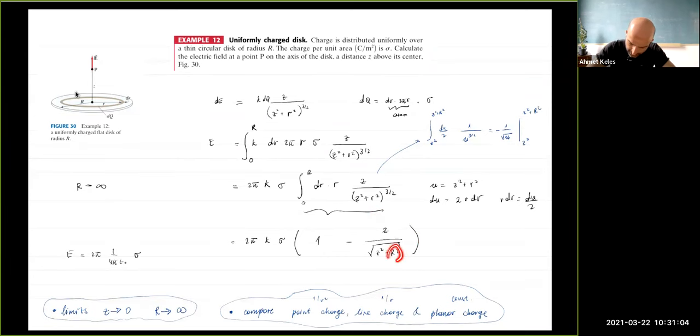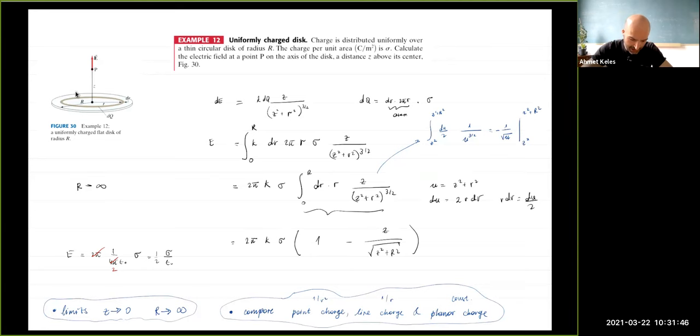If you take r to infinity, this is 0. So that's basically it. I can clean this up: 2 pi over 4 pi gives E equal to 1 over 2 sigma over epsilon naught.